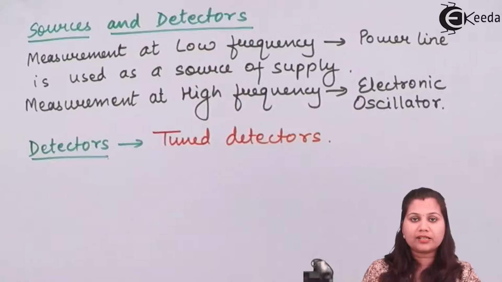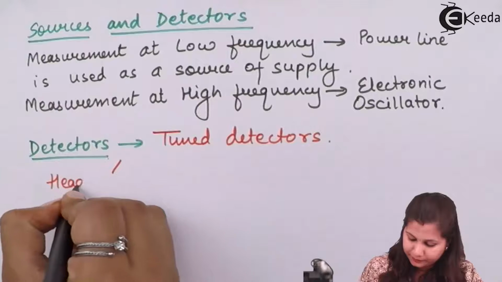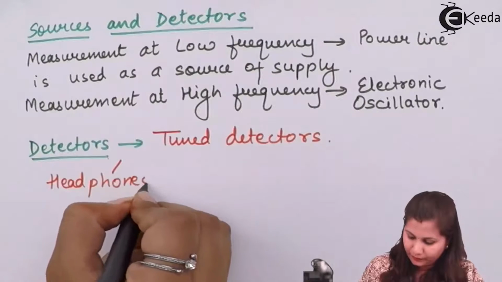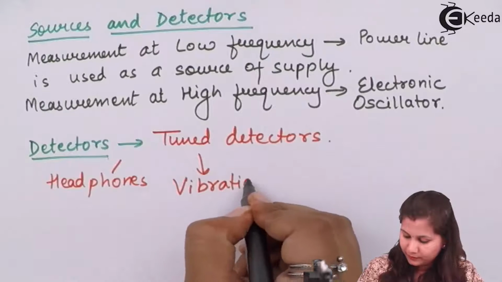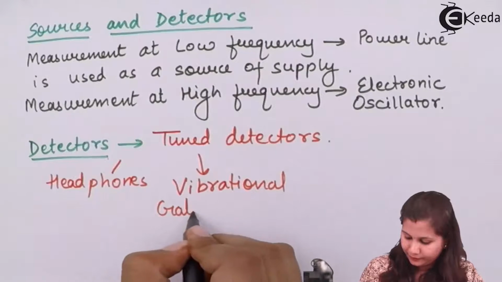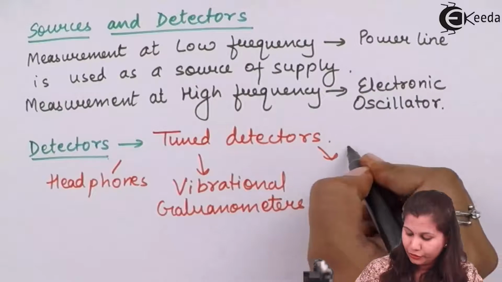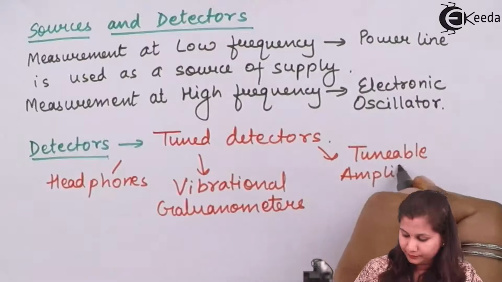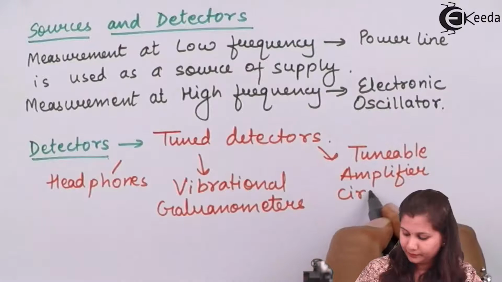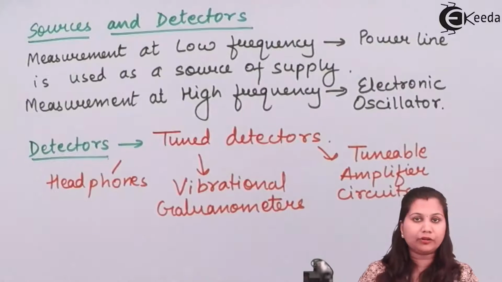Three types of detectors are used in alternating current bridges. These are headphones, vibrational galvanometers, and tunable amplifier circuits. There are different frequency ranges, and in each frequency range a particular detector will be used.